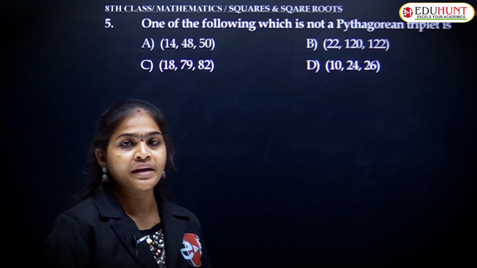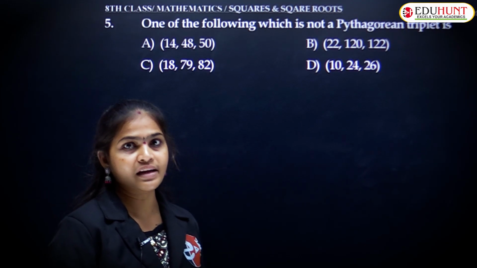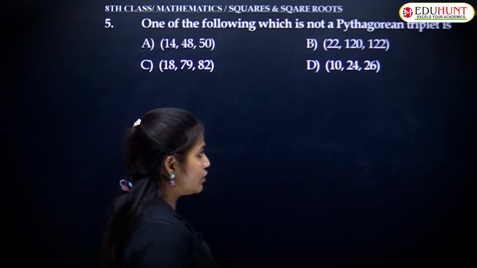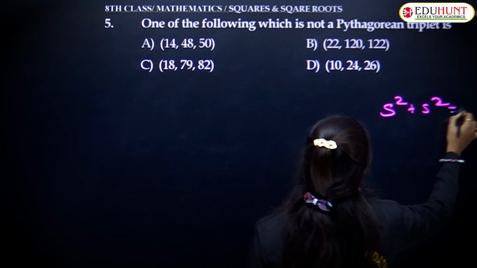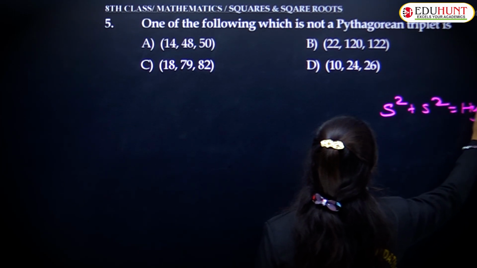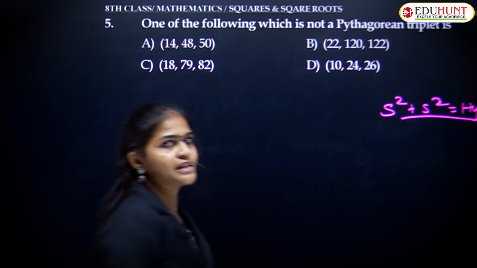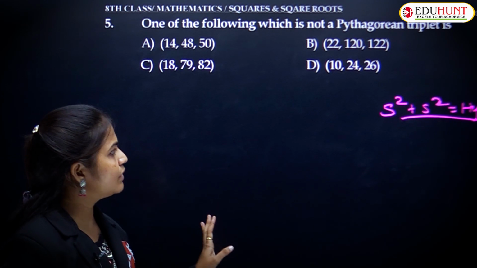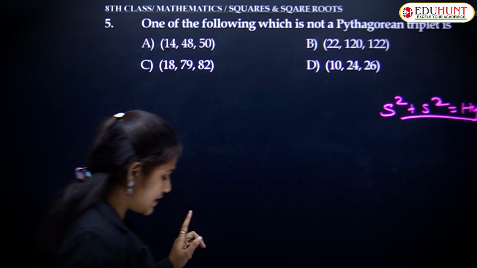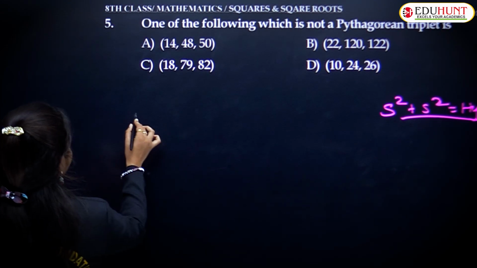Here we can check in two processes. One is if that is a Pythagorean triplet, then we know that side square plus side square is equal to hypotenuse square. This is one of the methods. Or else another formula is there. What is that?